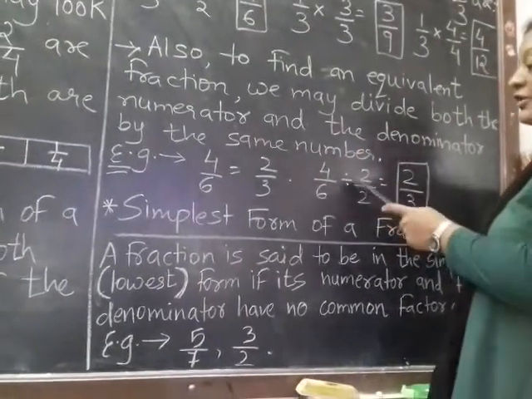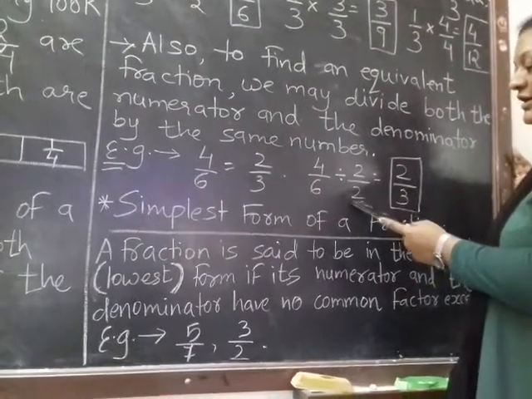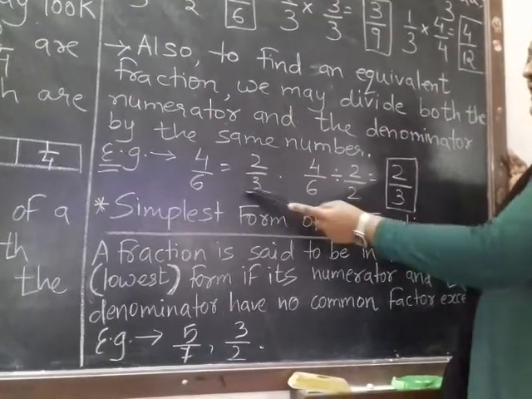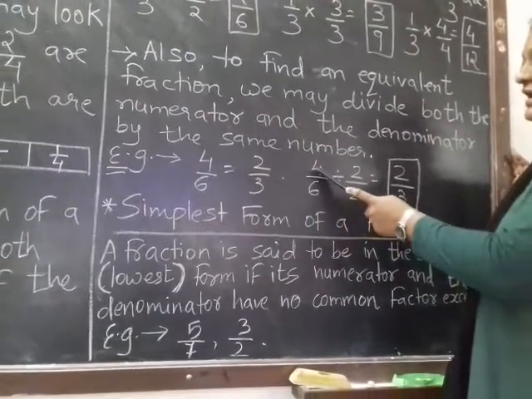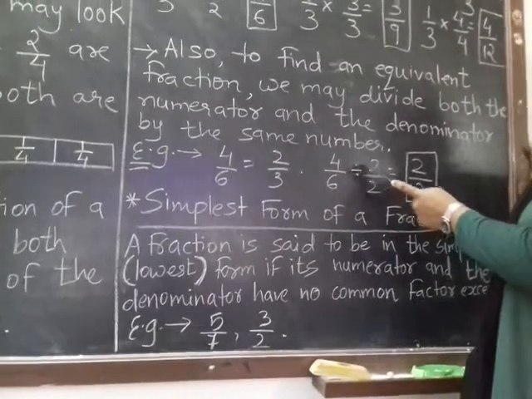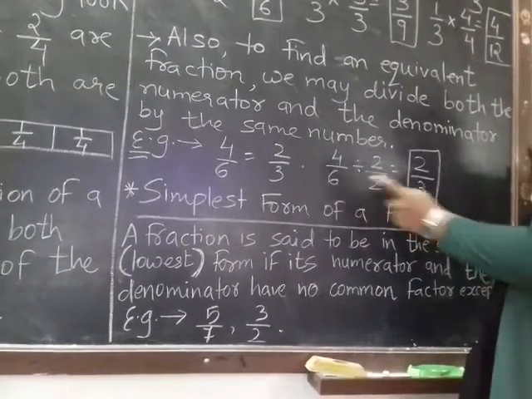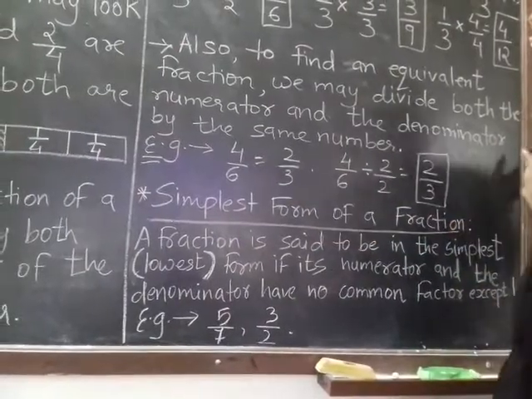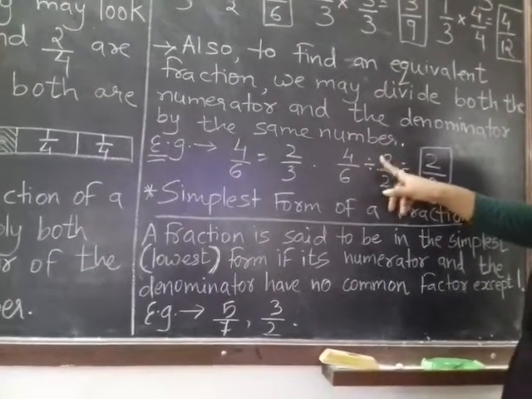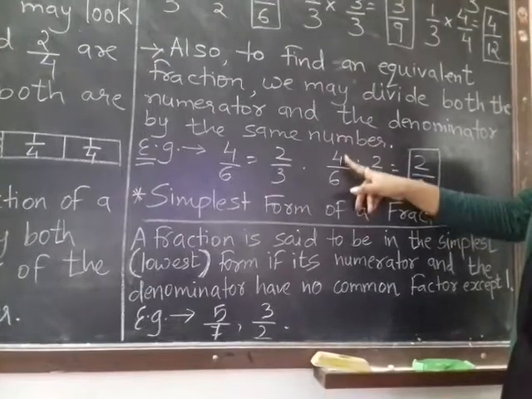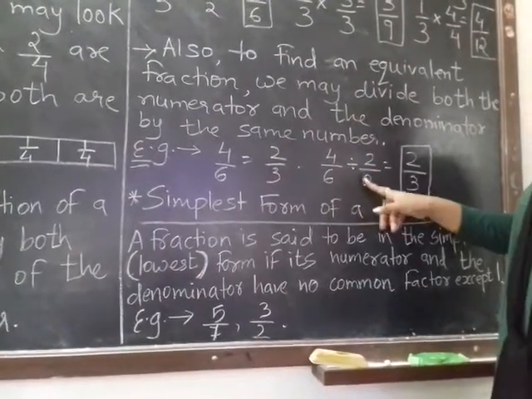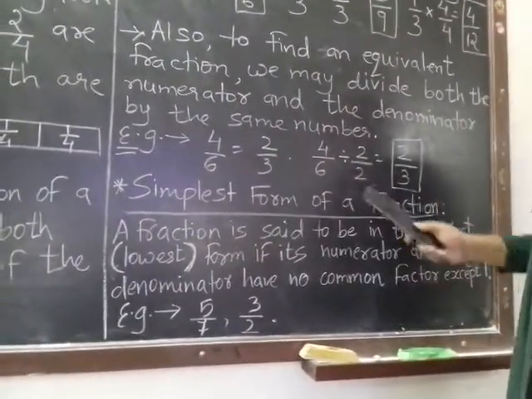So I use the common table of 2 in the numerator as well as the denominator. When I divide 4 upon 6 by 2 upon 2, 4 divided by 2 is 2, and 6 divided by 2 is 3. Hopefully this is clear.